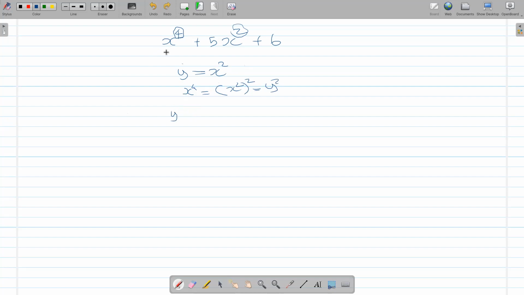Now y squared plus 5y plus 6. The middle term 5, now I can break it down into 3y and 2y: 3 and 2, if you add them you get 5.